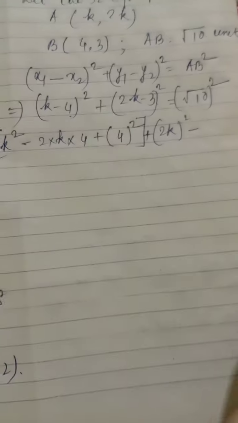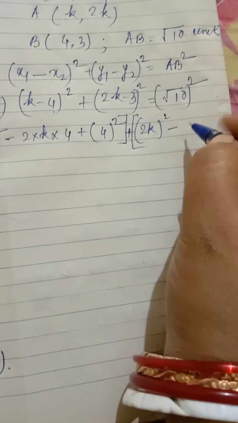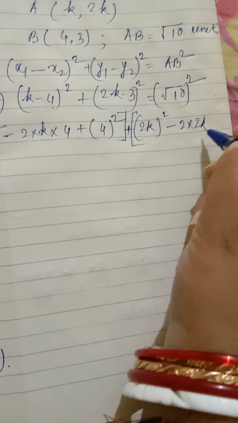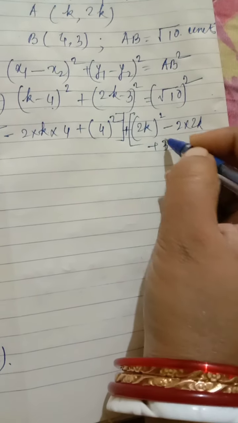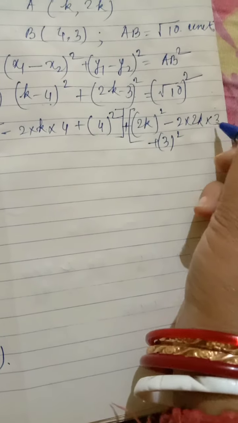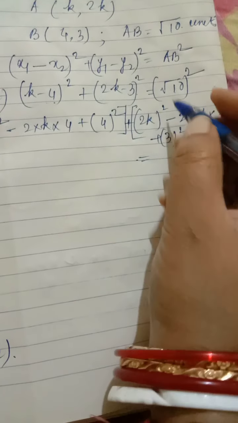This was for (k minus 4) whole square, and for (2k minus 3) whole square it will be 2k whole square minus 2 into 2k into 3, and then plus 3 whole square, equals root 10 whole square, which means 10.